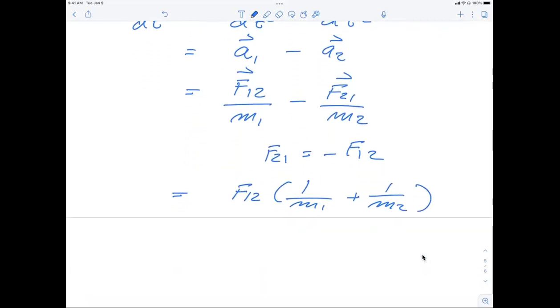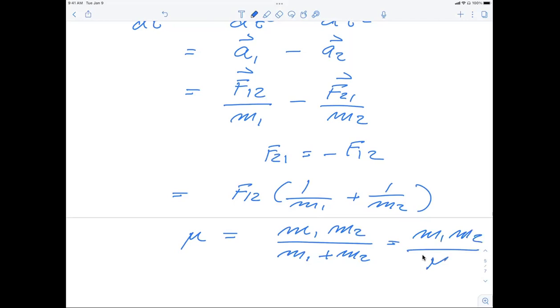And then it's pretty common now to introduce, and you've probably seen that back in physics 183, this reduced mass mu, which is M1 times M2 divided by the total mass M, M1 plus M2. You would see this in another disguise, written like this, 1 over mu equals 1 over M1 plus 1 over M2.